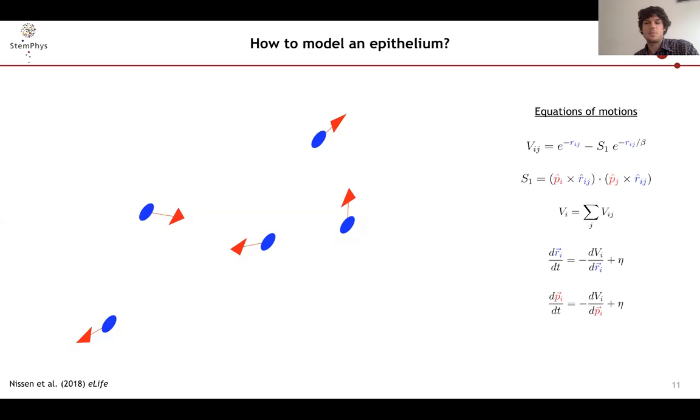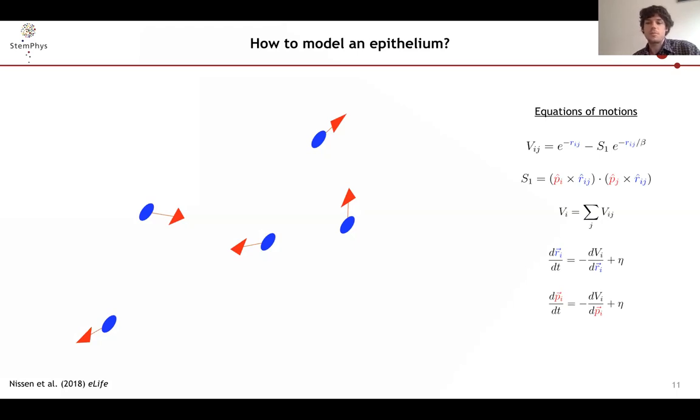This factor is maximum when the two cells line up and look the same way, when the arrows point in the same direction. That's where the factor S is 1, and it would be -1 if they look in opposite directions. It would be 0 if the two spins are perpendicular to each other.